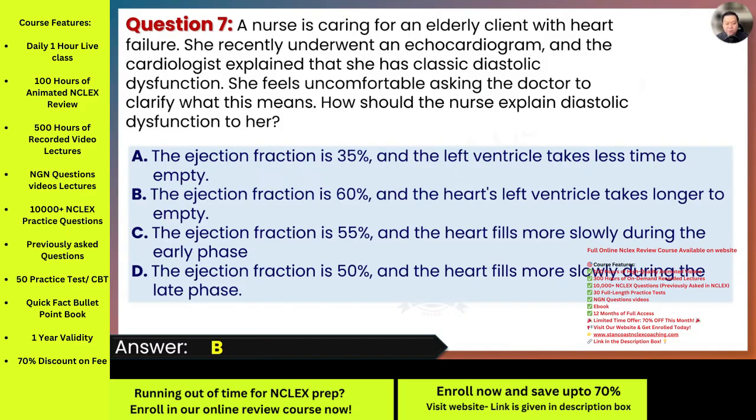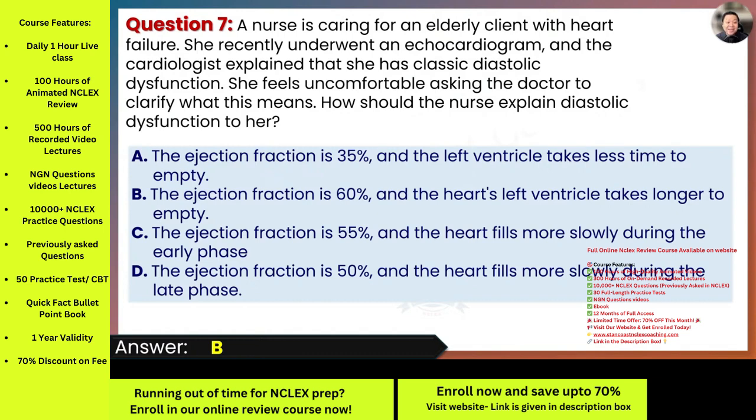Now, for you to answer this question correctly, I want you to remember that diastolic dysfunction is a problem of filling, not about pumping. So you need to pay attention to the ejection fraction. If it's preserved, such as normal range, then you're likely dealing with diastolic dysfunction.